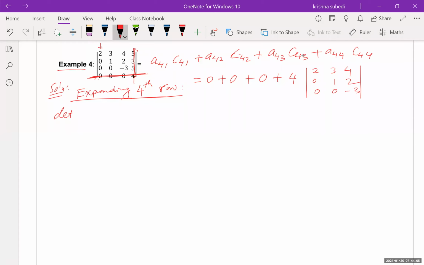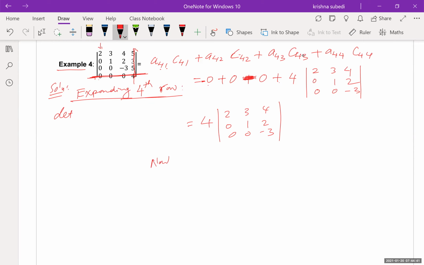Notice that the sign will be positive here. This sign will actually be negative, but who cares? It's 0, right? The sign pattern will be negative, positive, negative, positive, because 4 plus 1 is an odd power. So what we got here is 4 and this 2, 3, 4, 0, 1, 2, 0, 0, negative 3. Now which row or column do you want to expand?